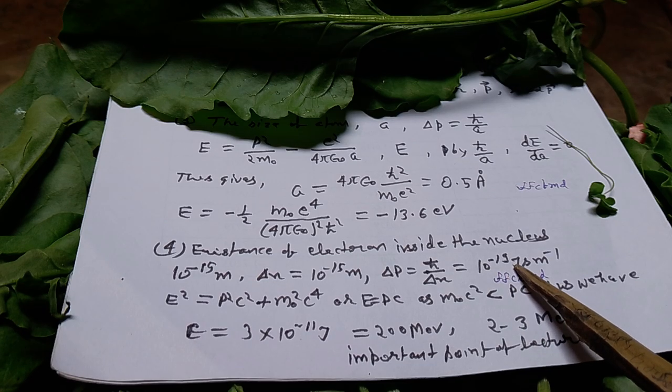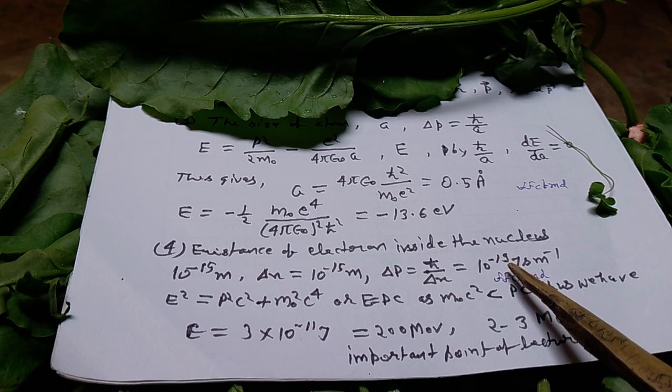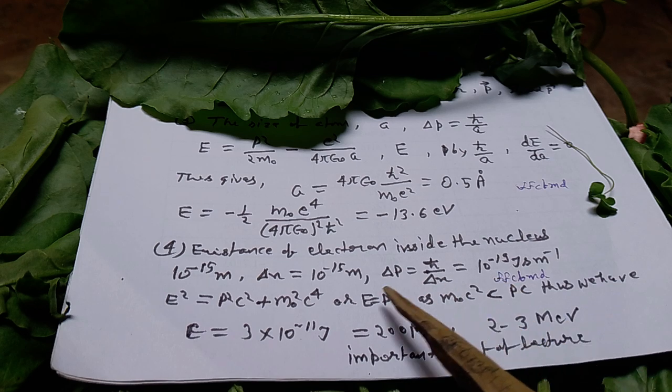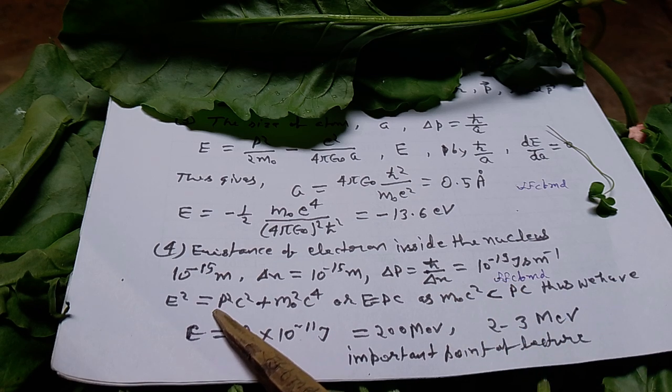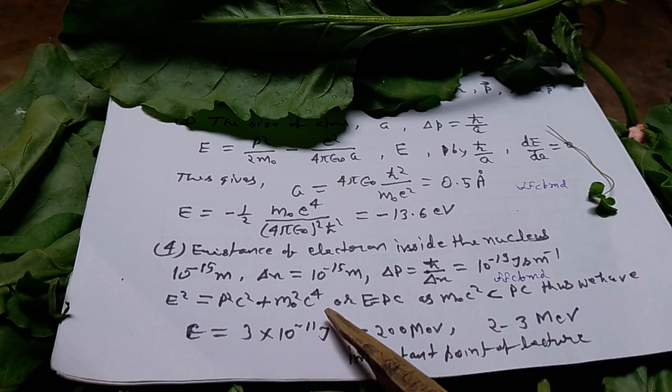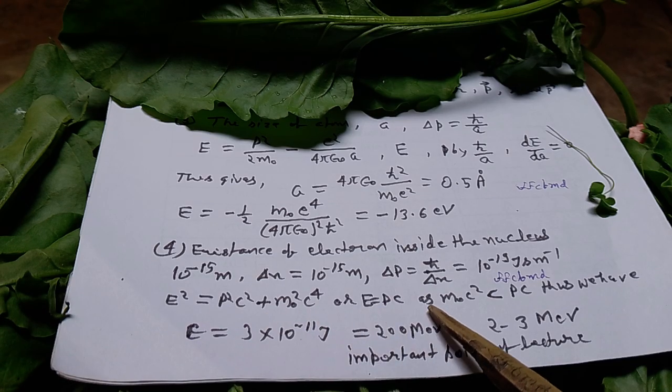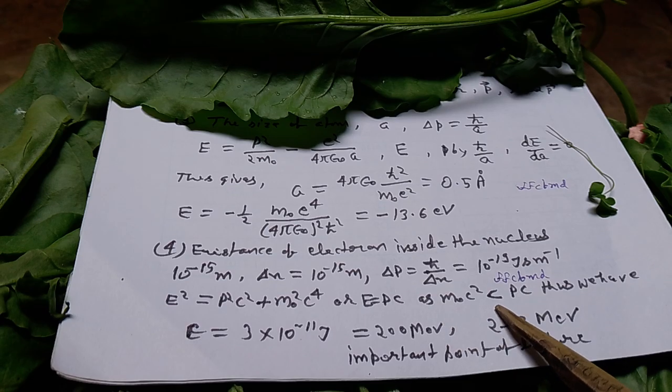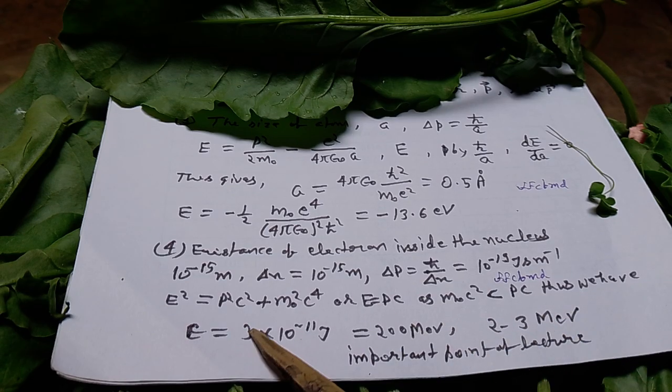The total energy may be obtained from the relation E square equals P square C square plus m naught square C to the power 4, or E equals PC, as m naught C square is very small compared to PC. Thus we have E equals 3 into 10 to the power minus 11 joule, equal to 200 mega electron volt.